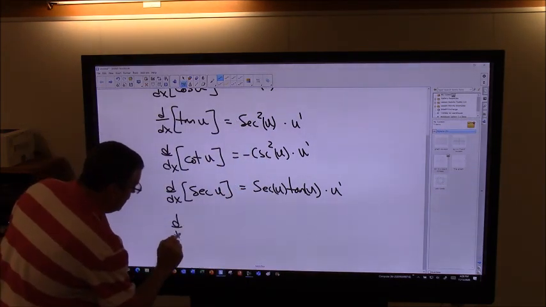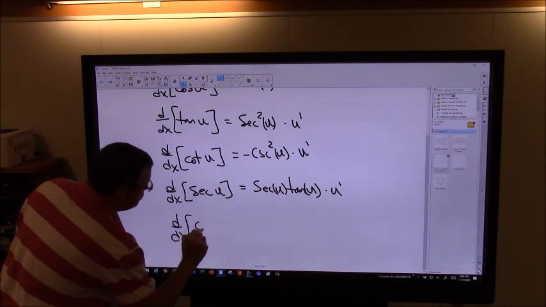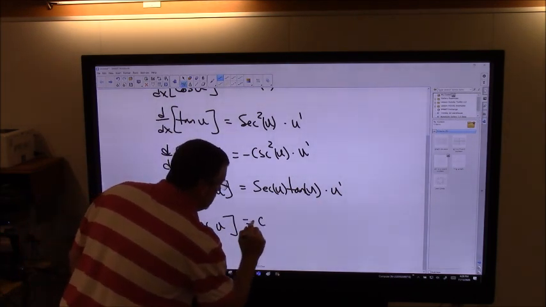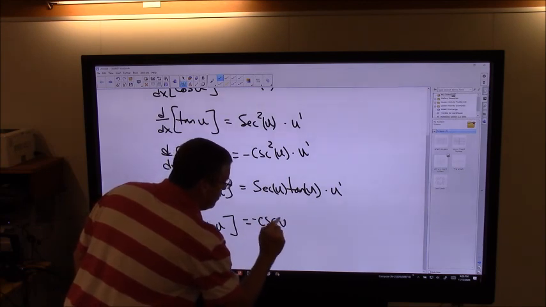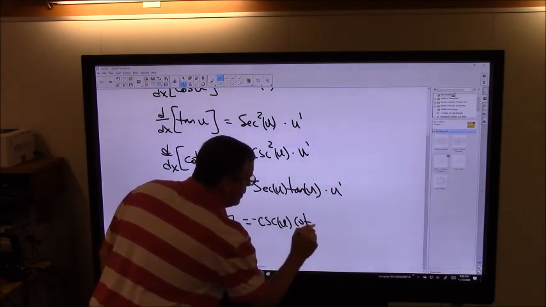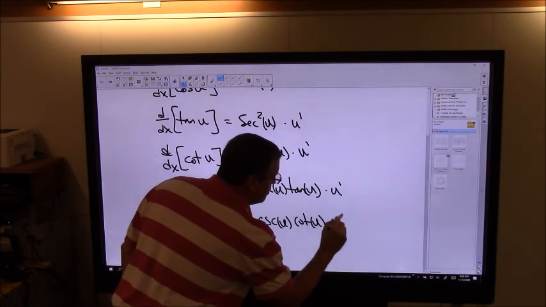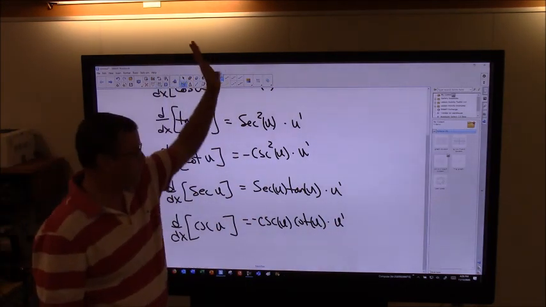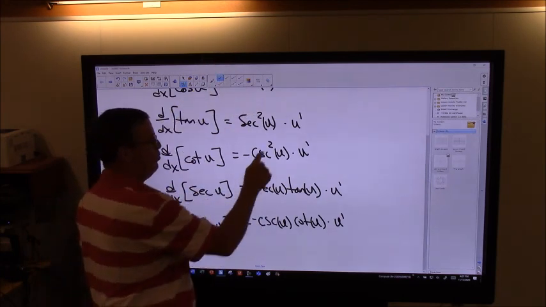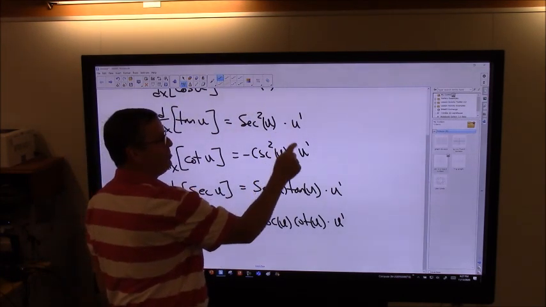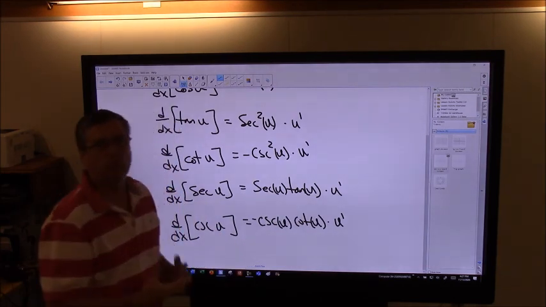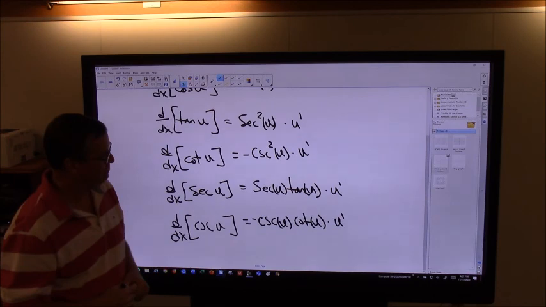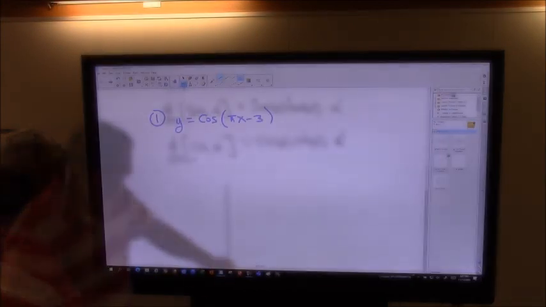And the derivative of a cosecant of u is going to equal negative cosecant u cotangent u times u prime. So really the only difference here is all of these are saying whatever the angle is, you've got to multiply by the derivative of that to really do it correctly. Okay?